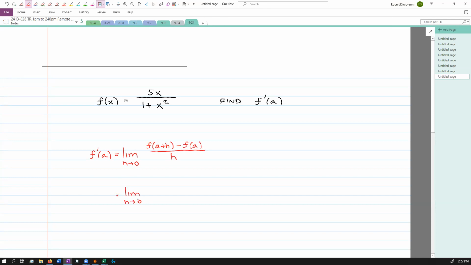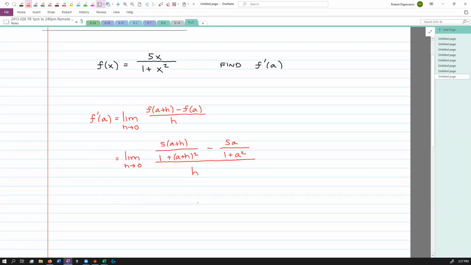All right, now replacing a plus h in all the x's here, we get 5 times a plus h over 1 plus a plus h squared. Now we subtract from that f of a, which would be 5a over 1 plus a squared, then all of that over h.